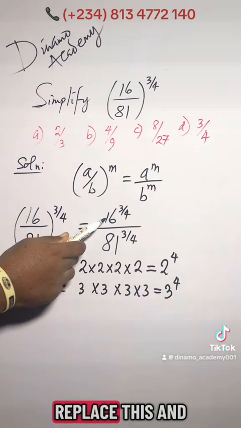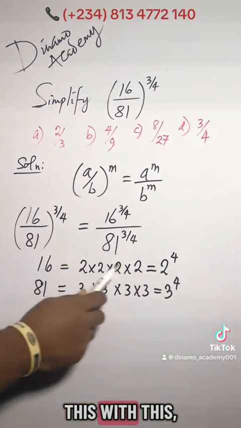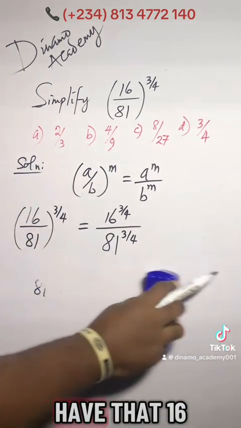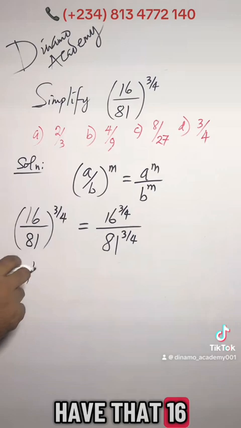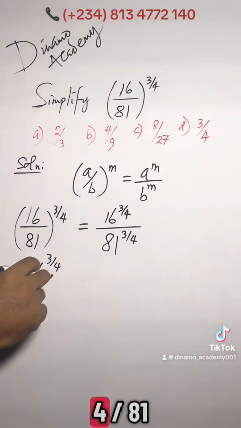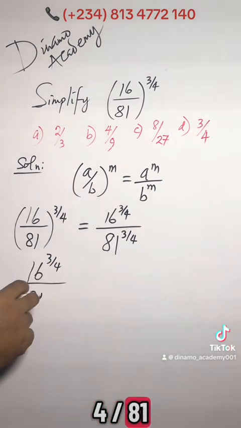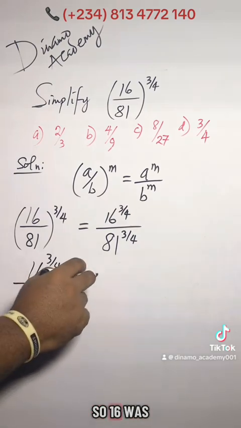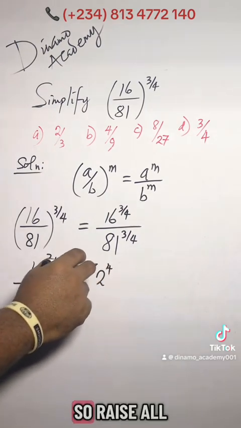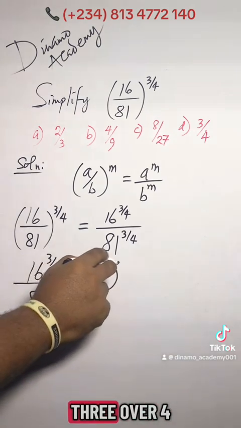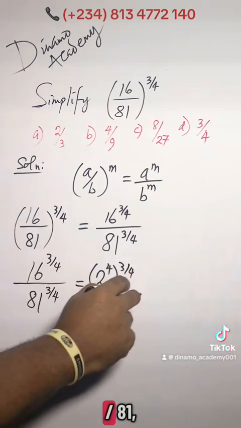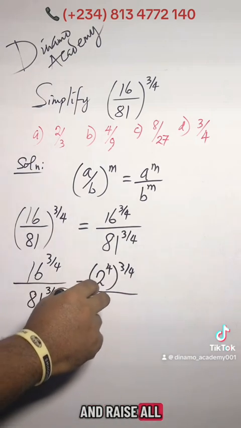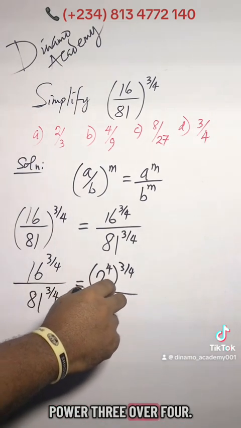So if we replace 16 and 81 with 2 raised to the power 4 and 3 raised to the power 4, we are going to have that 16 raised to the power 3/4 divided by 81 raised to the power 3/4 is equal to (2 raised to the power 4) all raised to 3/4 divided by (3 raised to the power 4) all raised to the power 3/4.